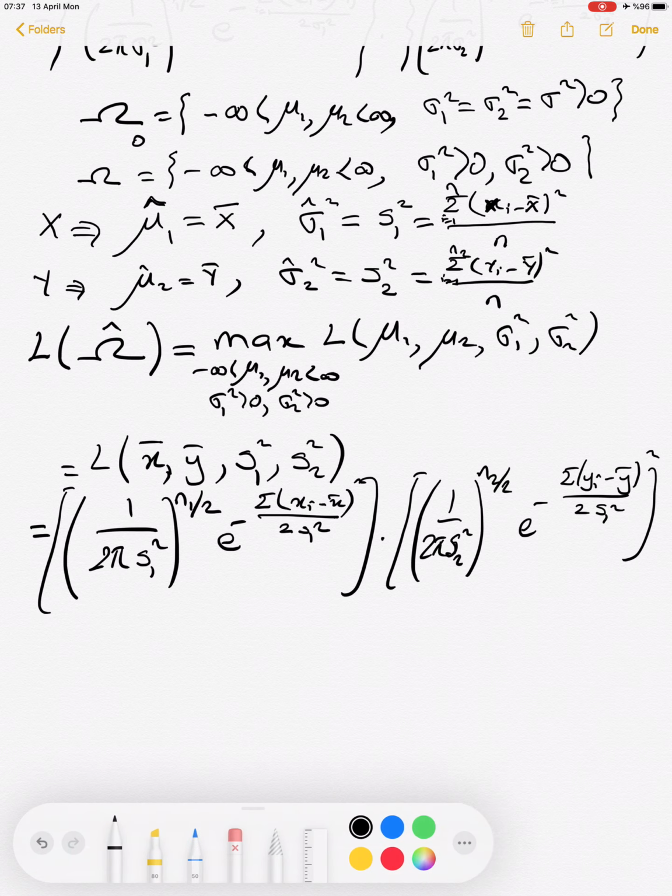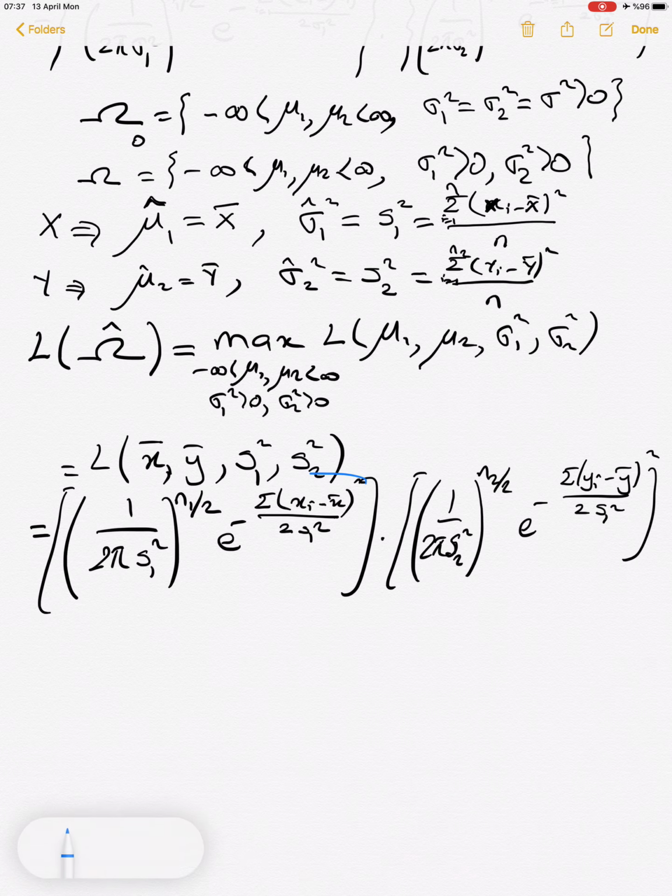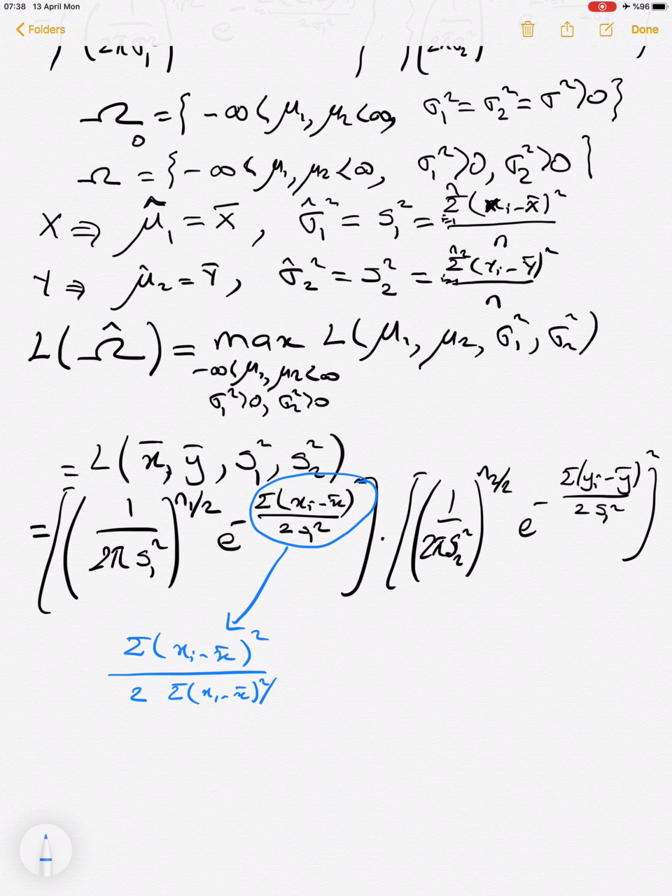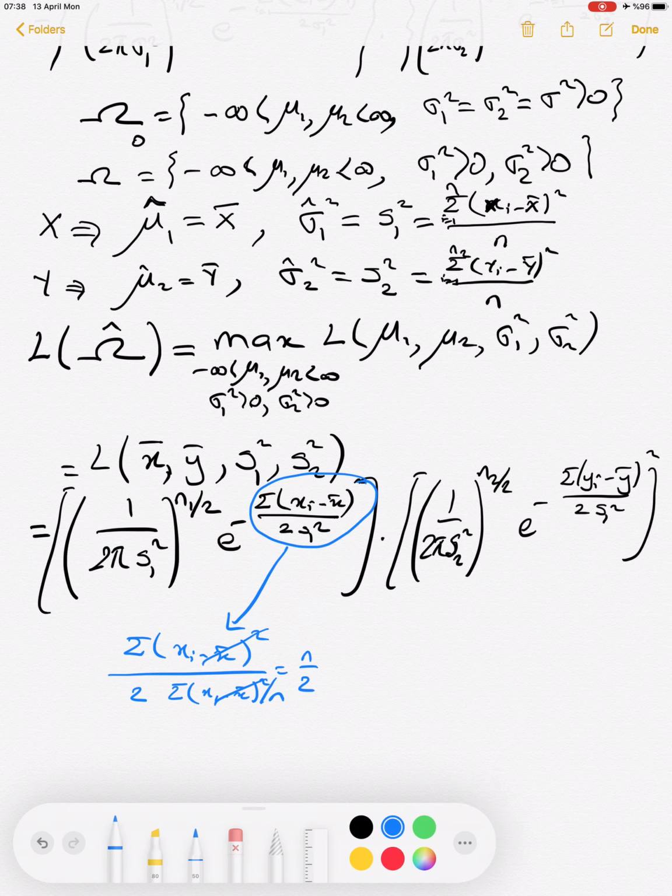So let's change the color and focus on this part. We have summation xi minus x bar whole square divided by 2 s1 square. Let's write the open form of s1 square: summation xi minus x bar square over n1. So numerator and denominator cancel out and we will have n1 over 2 only.